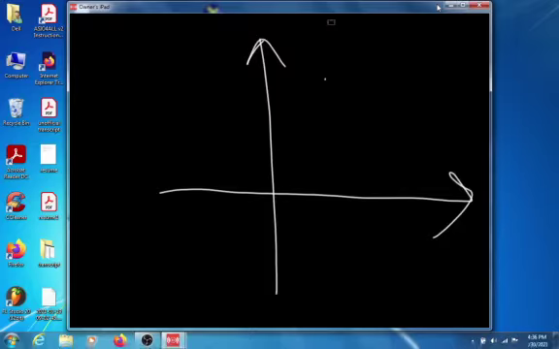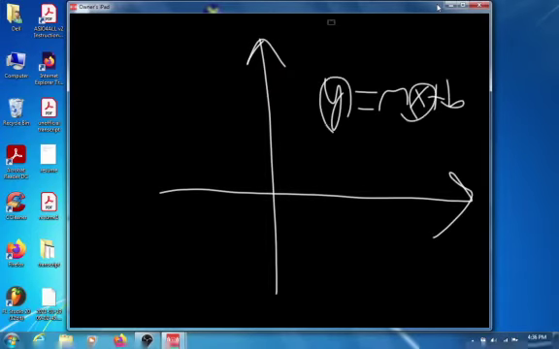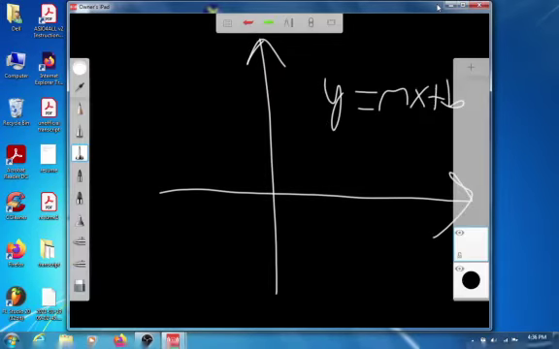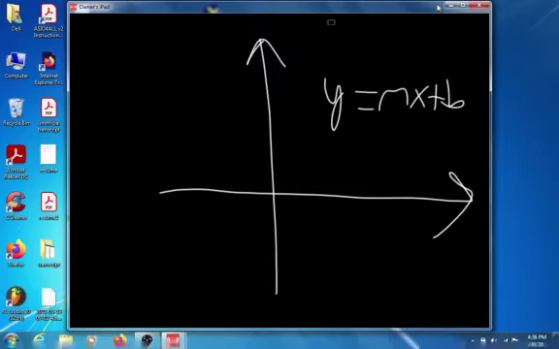If you remember in Algebra 1, they had y is equal to mx plus b. This is an equation that graphs a line. So x is the input, y is the output. For every x input, there was a corresponding y output, and those two together form one point, and every other x input with its corresponding y output forms another point.